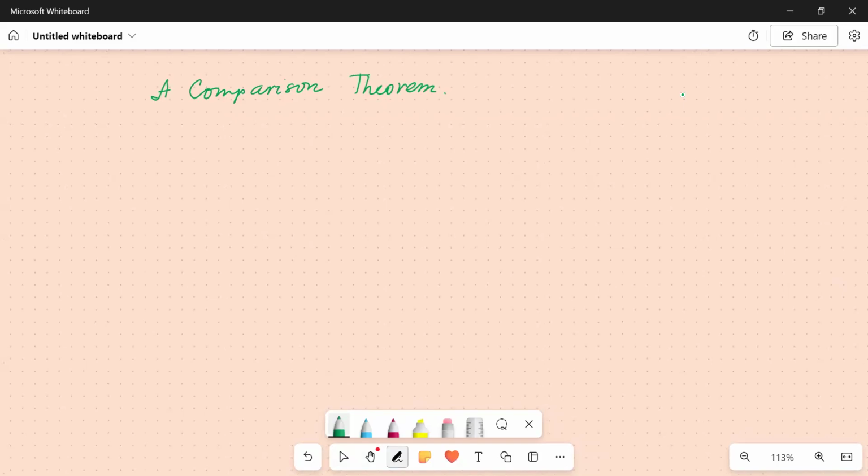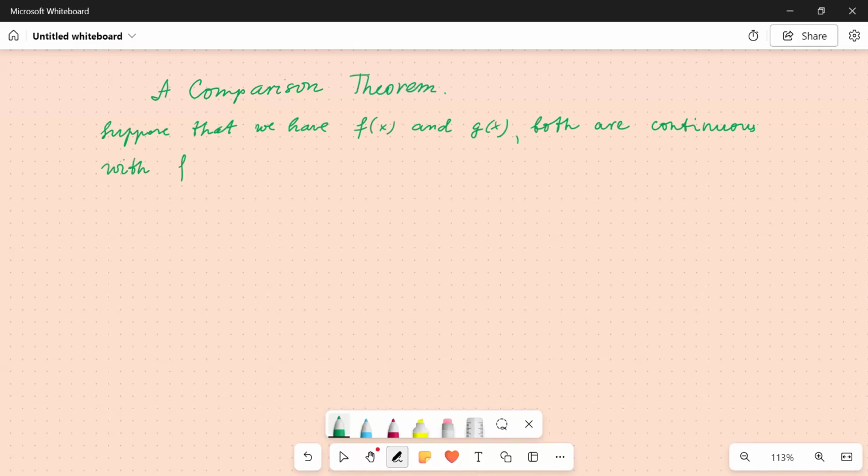So suppose that we have two functions, f of x and g of x, and both are continuous, with the inequality true: f of x is greater or equal than g of x, which is greater or equal than 0.